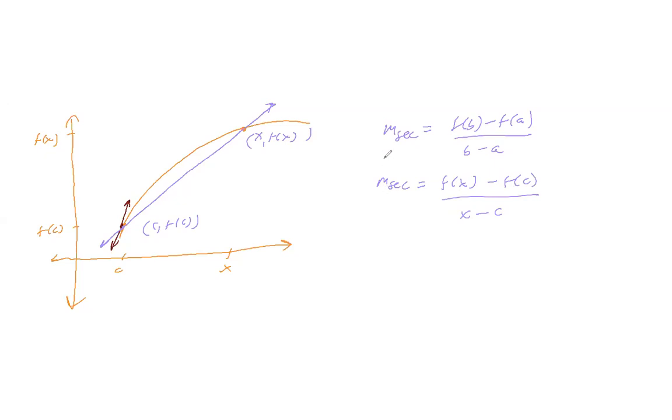Now, the issue is that that's not a very accurate approximation of this magenta line over here, my tangent line. So I'm going to use that thought process from before: if I move these approximations closer and closer, that's the idea. If I move this closer to here, that'd be good.